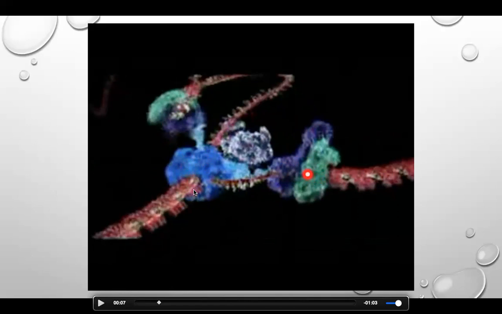You can see that it's adding bases in this direction because it's coming out as a continuous stream of a new double helix. This is the lagging strand over here. So you're going to see one of these enzymes, I think it's the green one, coming over here and pulling out a big string of separated DNA and then adding it going backwards.